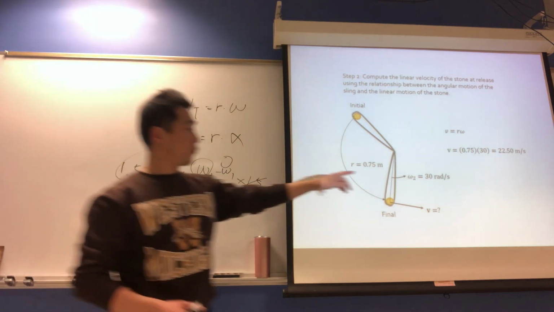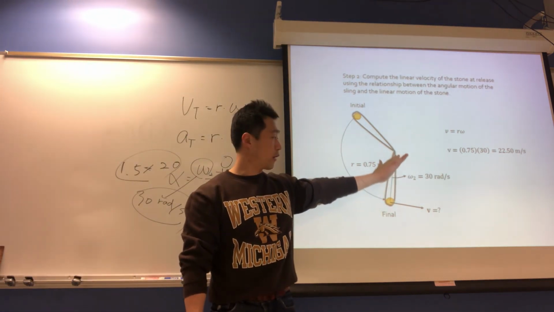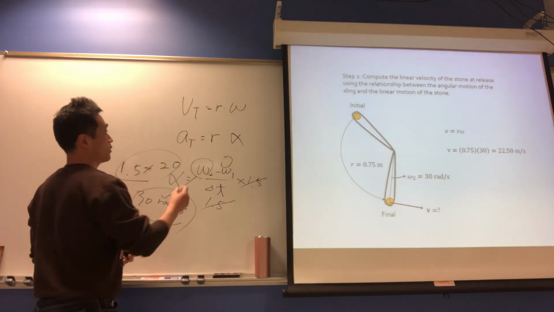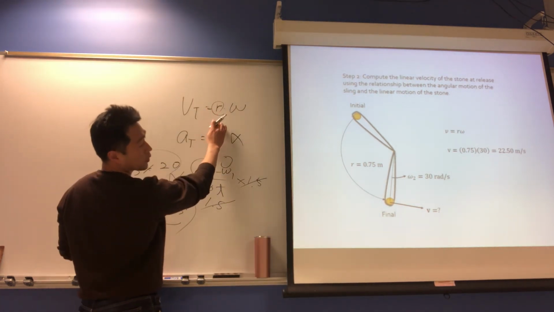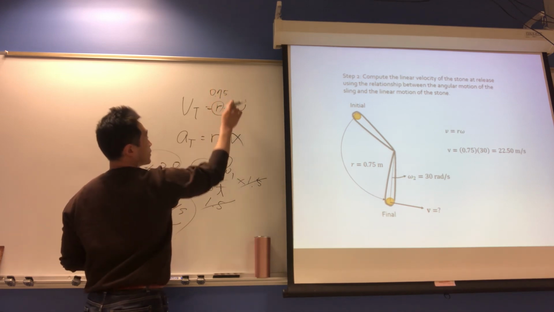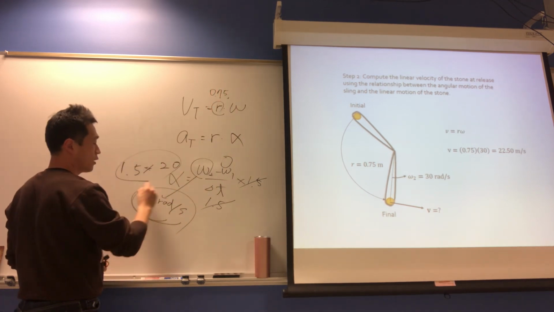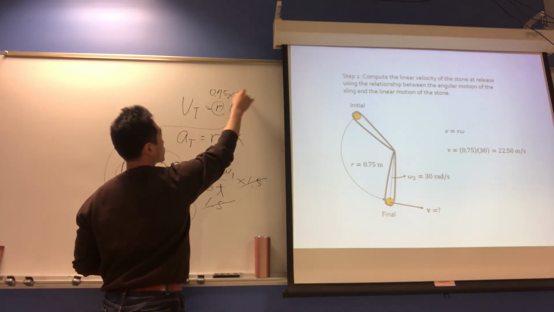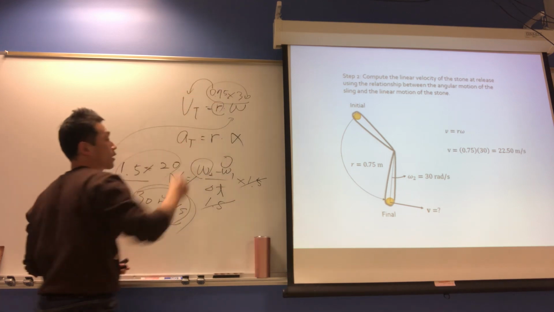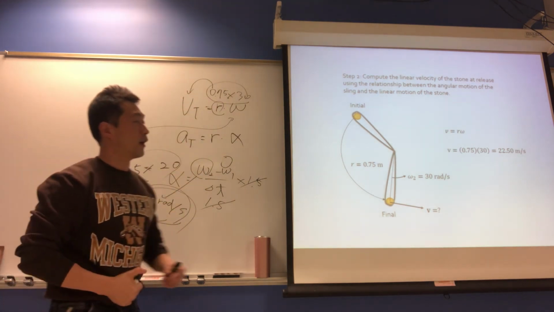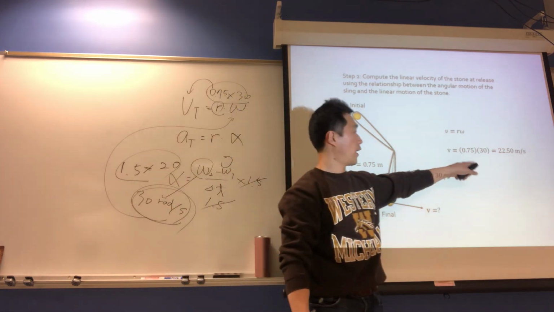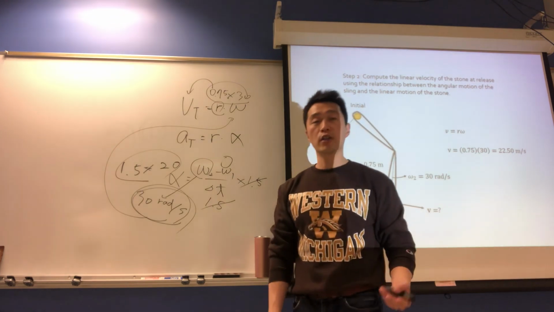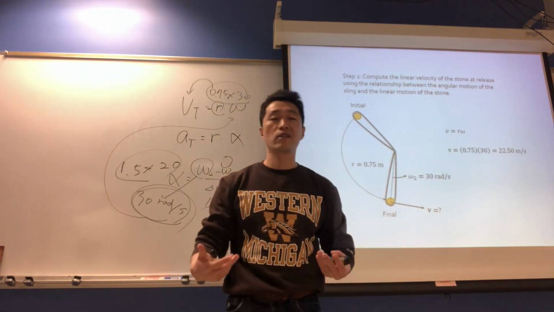We just calculated 30 radians per second, the angular velocity at this point, and r is 0.5 meters. If you multiply these two, you get the linear velocity of the stone at release: 22.5 meters per second. This is the tangential linear velocity.